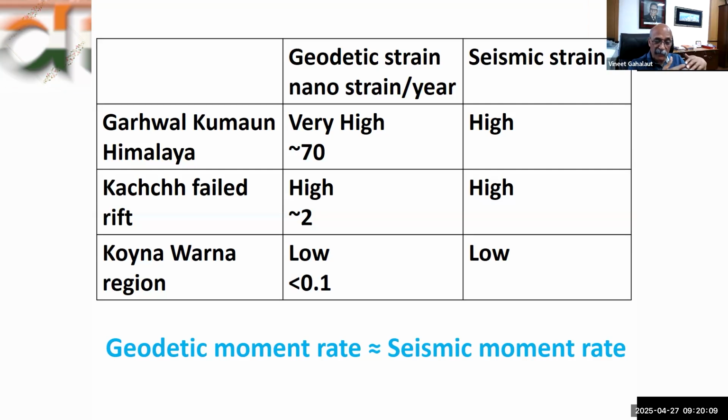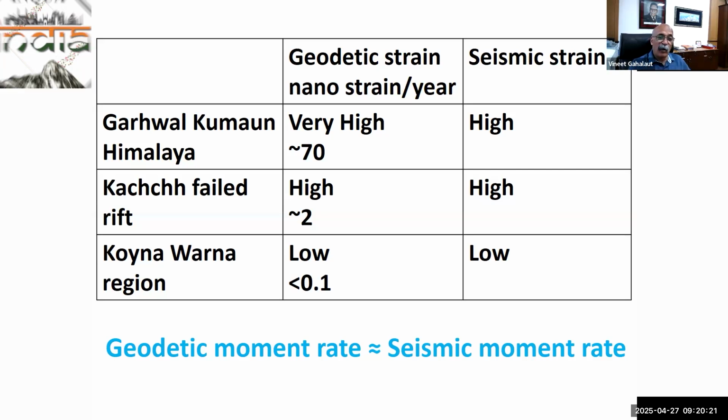So that's what the Kachchh failed rift region says. But then it's a big surprise that a strain of less than 1 nanostrain, almost like 0.1 or 0.2 nanostrain, can also produce earthquakes which continue to occur in the Koyna region in the last 40-50 years.